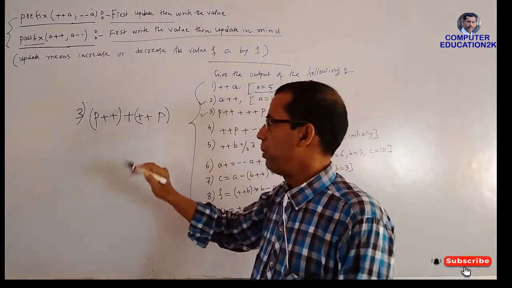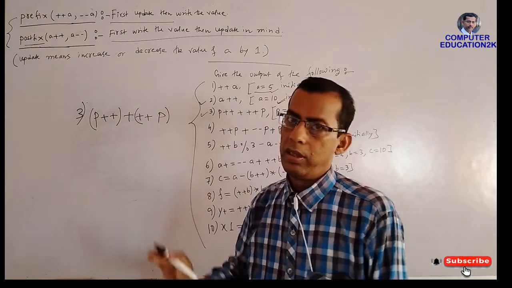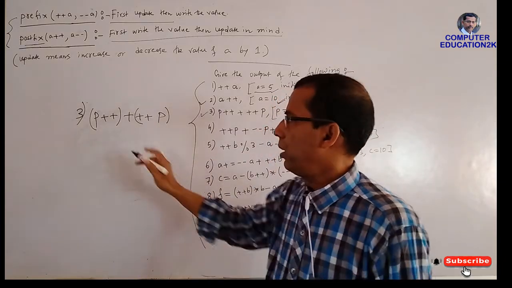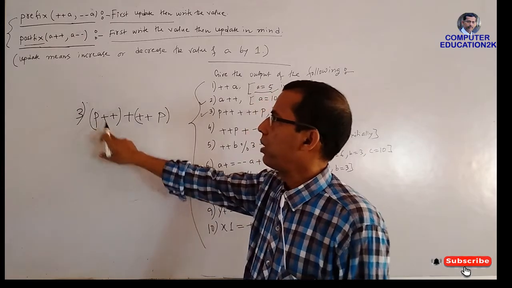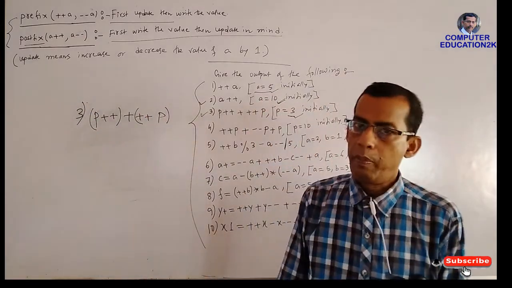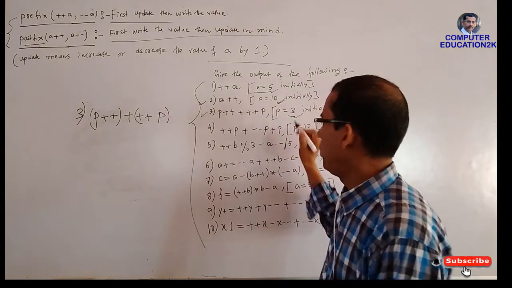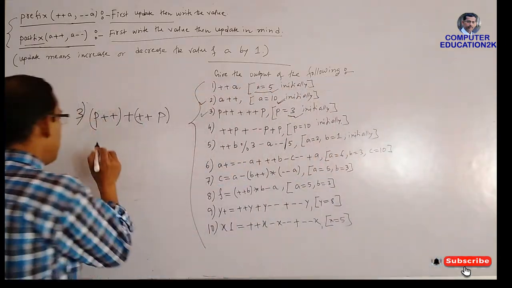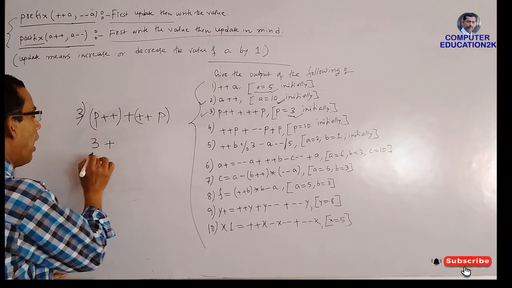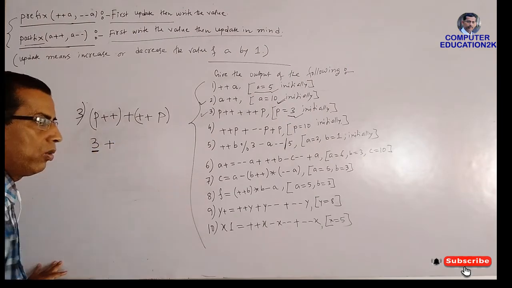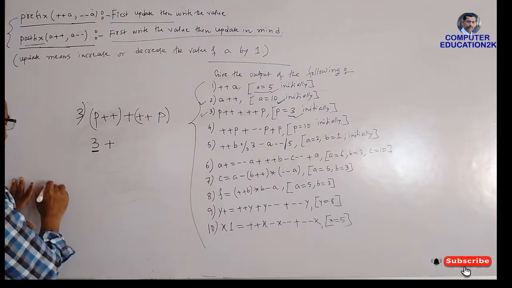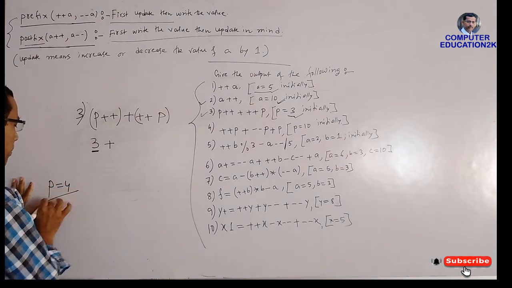So p plus, where the value of p is 3. P plus is postfix. In this case, you have to write the value of p first. What is the value of p? 3, so I will write 3 here. I have written 3 because first write the value, then update in mind. But the value of p has become 4 in my mind.